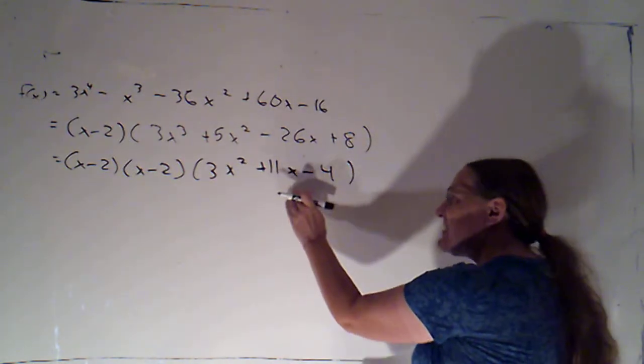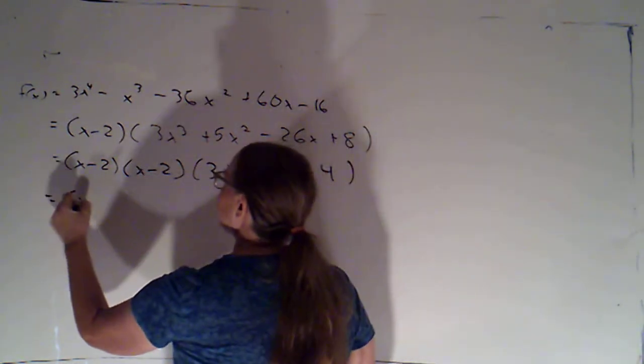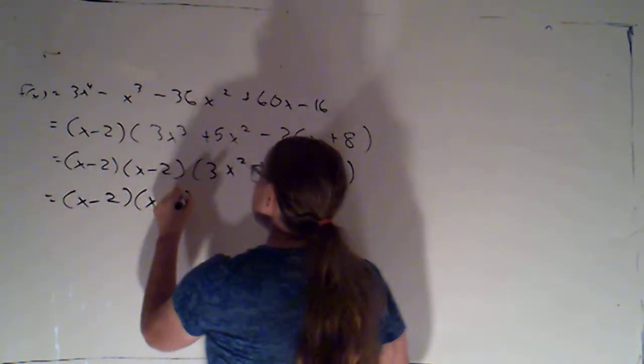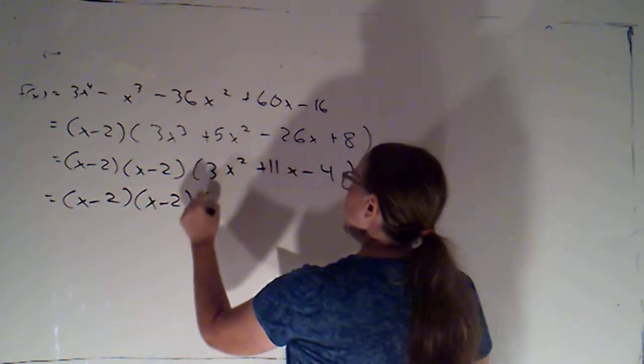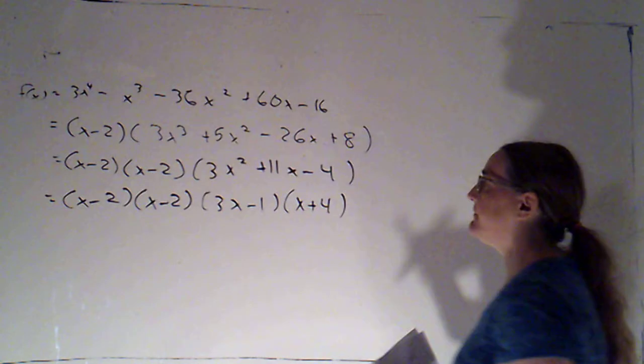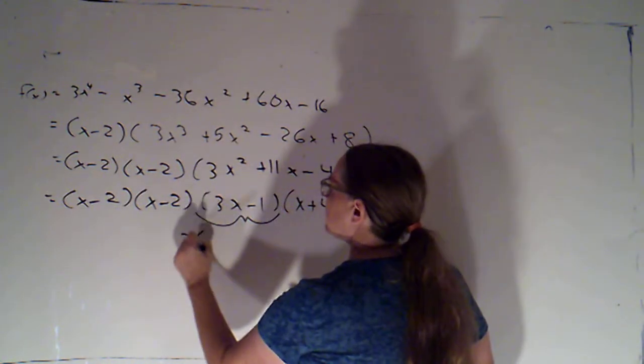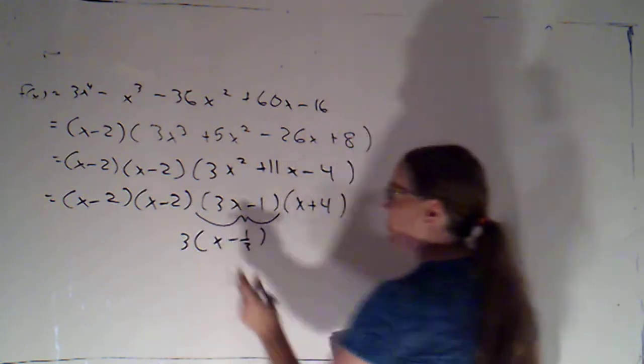But I know because there's a zero, there's going to be a corresponding factor, and I can factor it further. So we ended up getting x minus 2, x minus 2, 3x minus 1 times x plus 4. And note this, I could rewrite if I wanted to as 3 times x minus 1/3.